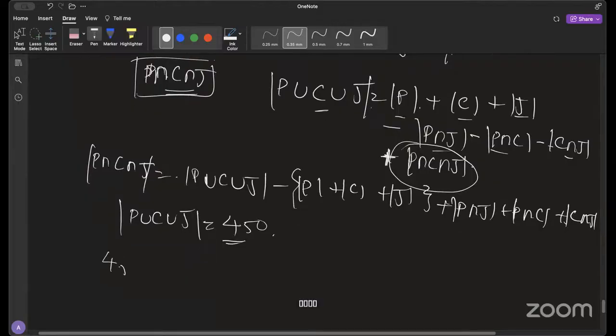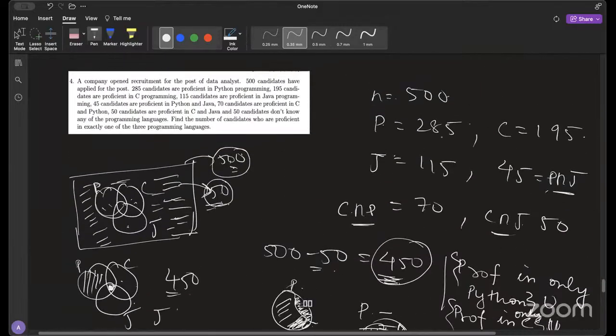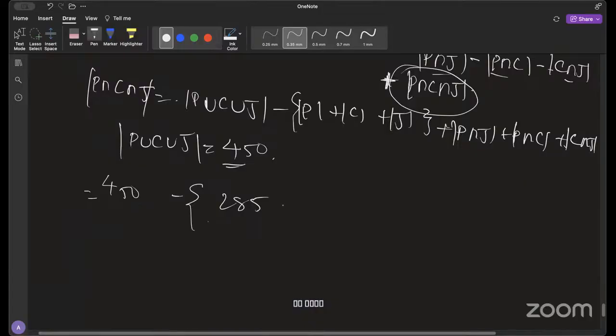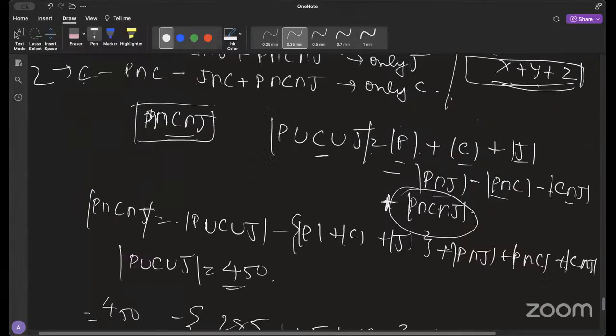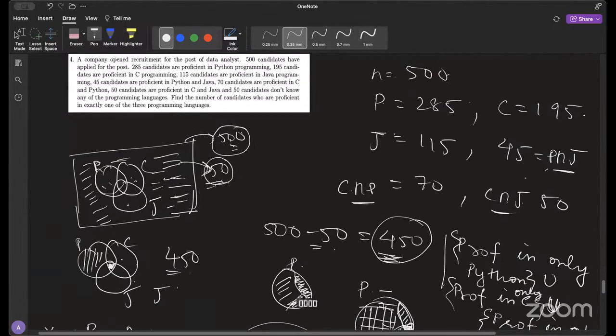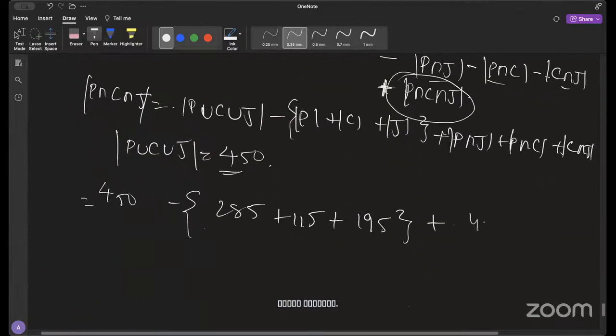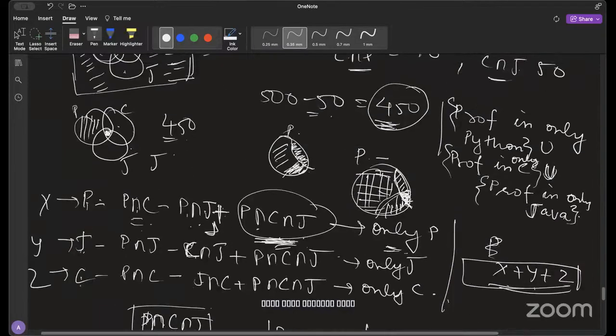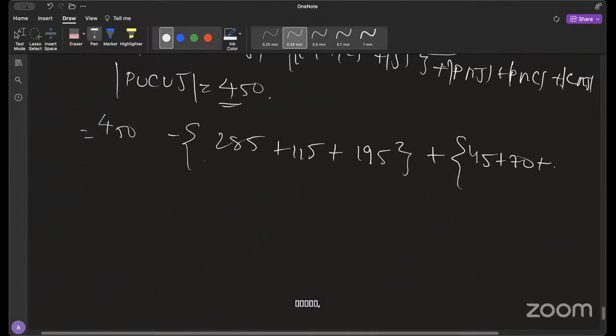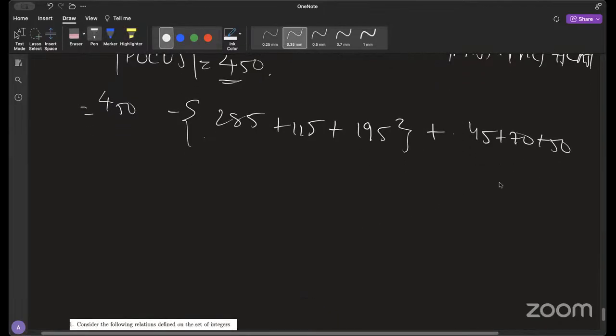Can you put the values here? P, C, and J are 165 and 400 and so on, and then the intersections are 45, 70, and 50.